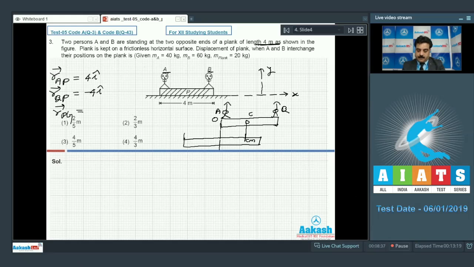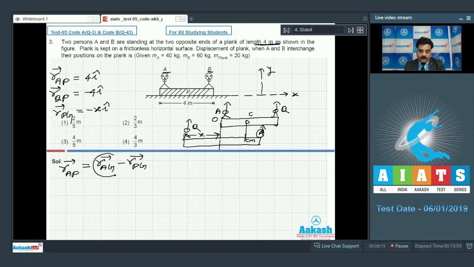If I consider the displacement of the plank is x from the origin on the left hand side, then by this discussion, because finally B will be here and A will be here, I can write minus x i cap because it is moving on the left hand side of O. The displacement of A with respect to the plank is the displacement of A with respect to the ground minus the displacement of the plank with respect to the ground.